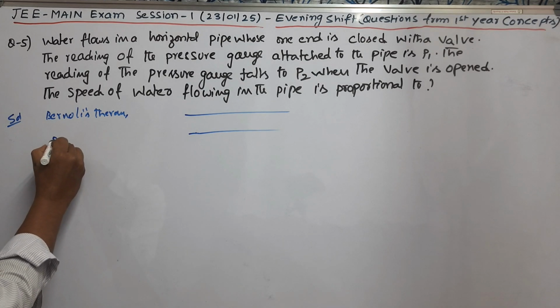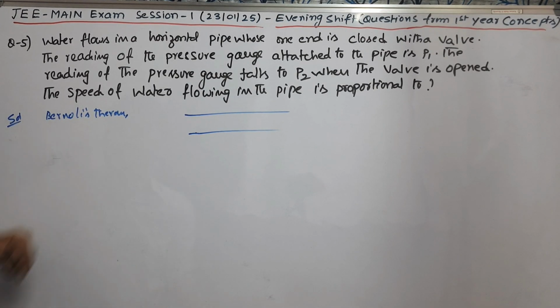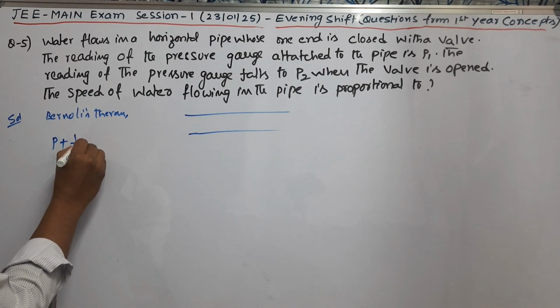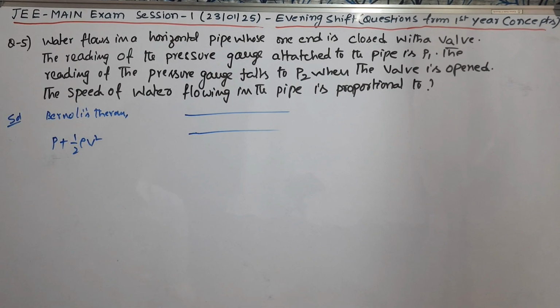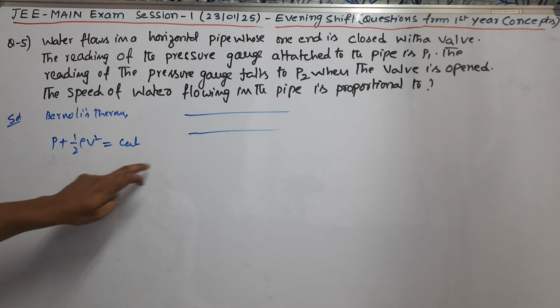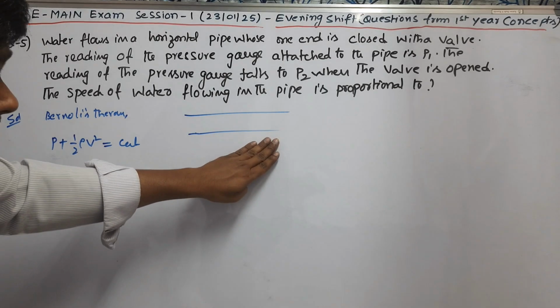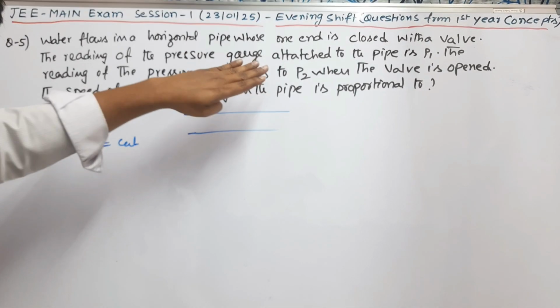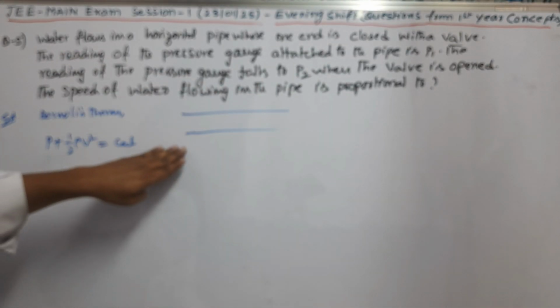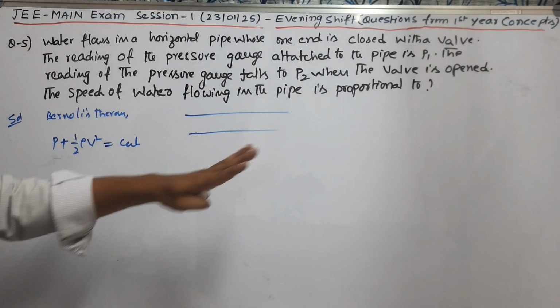So we can write pressure P plus half rho V square is equal to constant. Here I don't want to mention the potential term because the question says nothing about position, so I take both ends of this pipe at the same height from the ground.